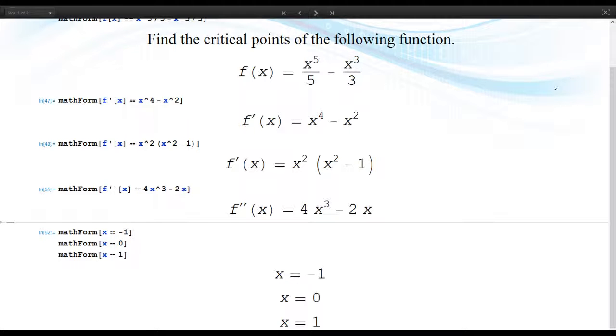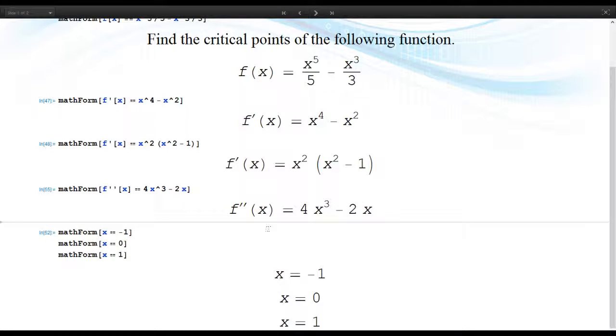Now the second derivative test says that the sign of the second derivative at a critical point determines whether the critical point is a maximum or a minimum. So we plug in negative 1, and we're going to get negative 1 cubed is negative 1 times 4. So we have negative 4. And then negative 2 times negative 1 is positive 2. So we have negative 4 plus 2 is going to be negative 2.